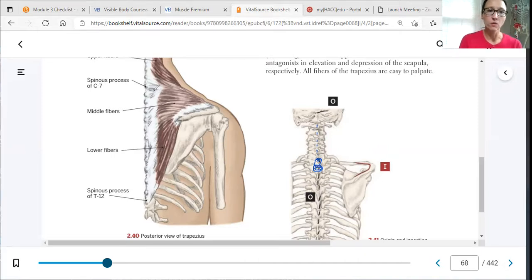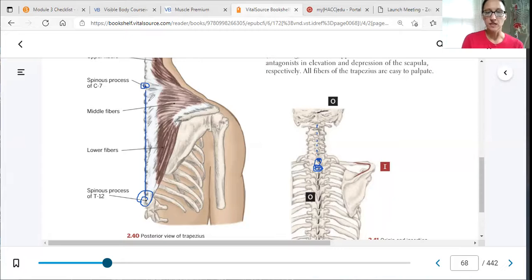So we're going all the way from C7, cervical vertebrae number 7, all the way down to thoracic, starts with a T, thoracic vertebrae number 12. Okay, so that's what C7 to T12 means.